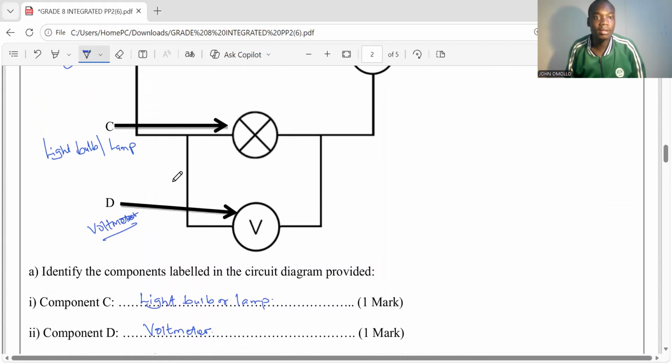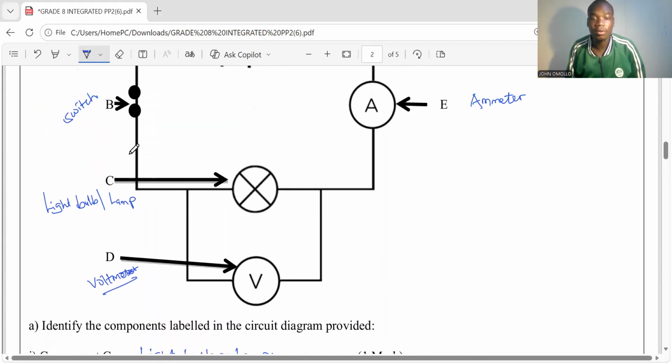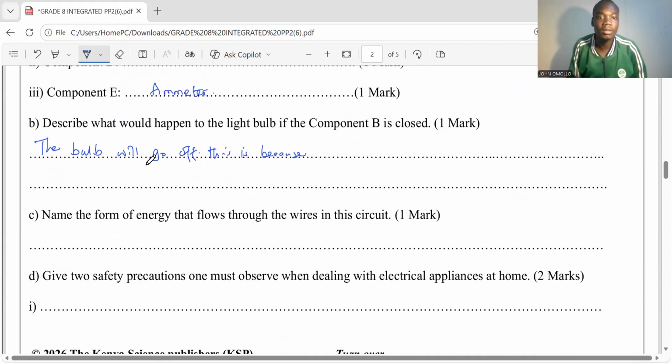We know that when the component B, the switch, is closed, it will provide a shorter path or short circuit.